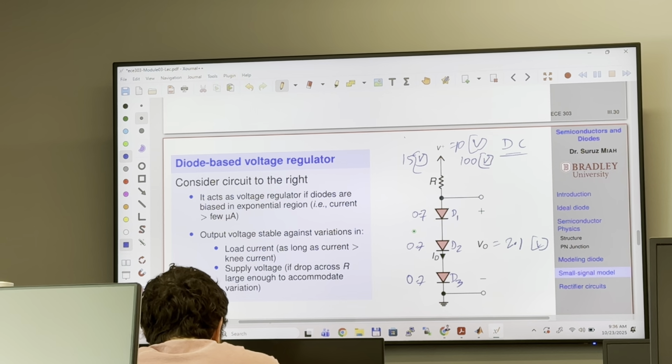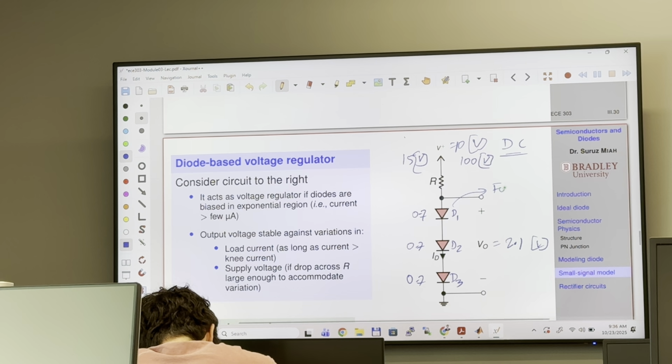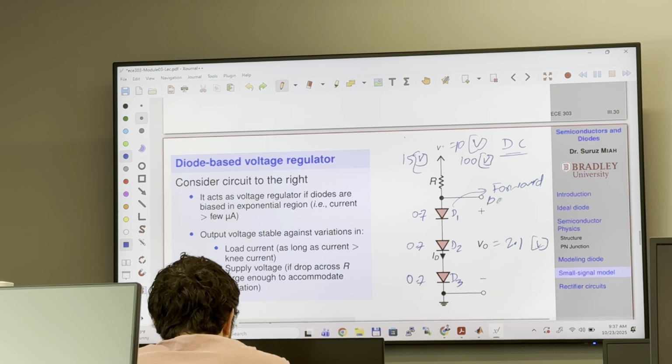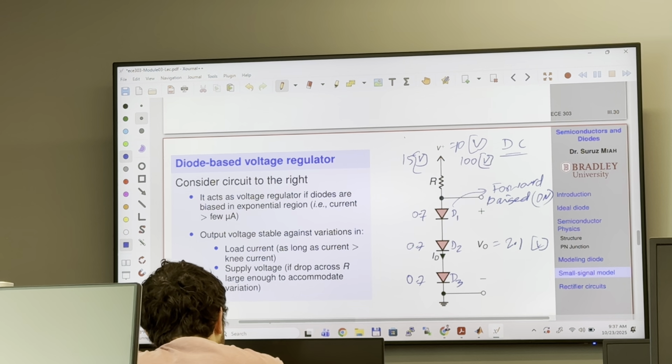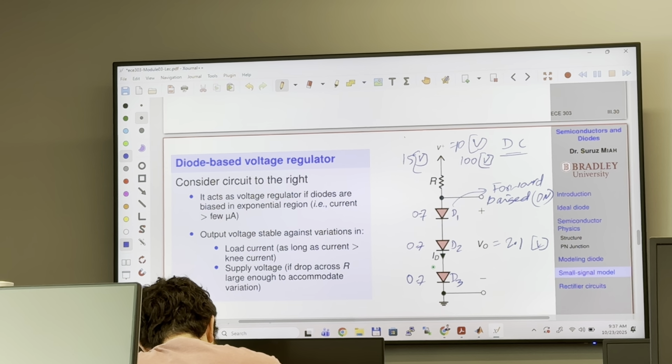But one condition here is that these diodes have to be forward biased, which means on. All the diodes have to be on.